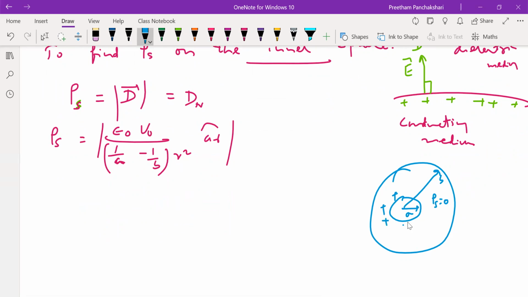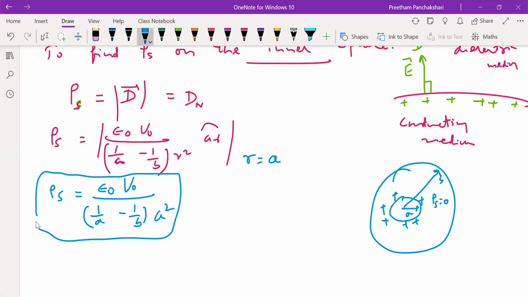Surface charge exists only on the inner sphere of radius A. Therefore, here R equal to A. Now, rho S becomes epsilon naught V naught 1 by A minus 1 by B into A square.